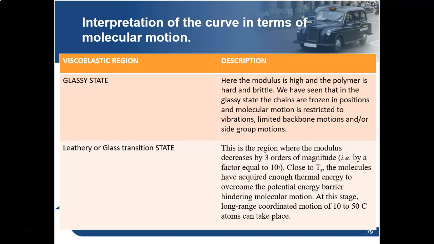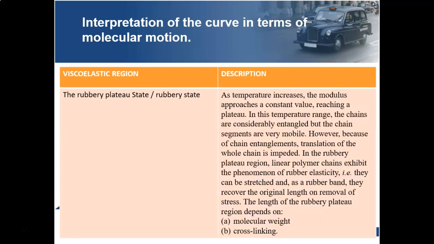The molecules have acquired enough thermal energy to overcome the potential energy barrier. At this stage, long-range coordinated motion of 10 to 50 chain atoms can take place. So the atoms or molecules get the energy and rotate at their position. Okay, during the rubbery state, as temperature increases, the modulus approaches a constant value.